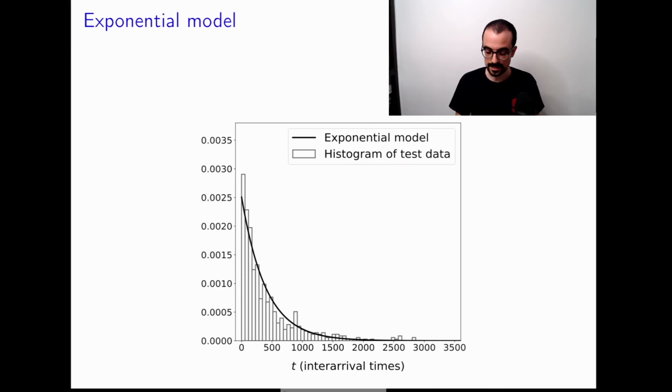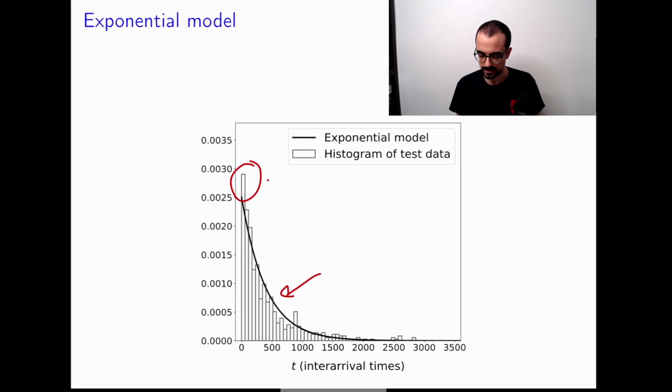Okay, when we look at the exponential model, in general, it adapts very well to the data, but it undershoots the number of short inter-arrival times between calls. This seems to indicate that there might be some more structure to the data that is not taken into account in the exponential model.